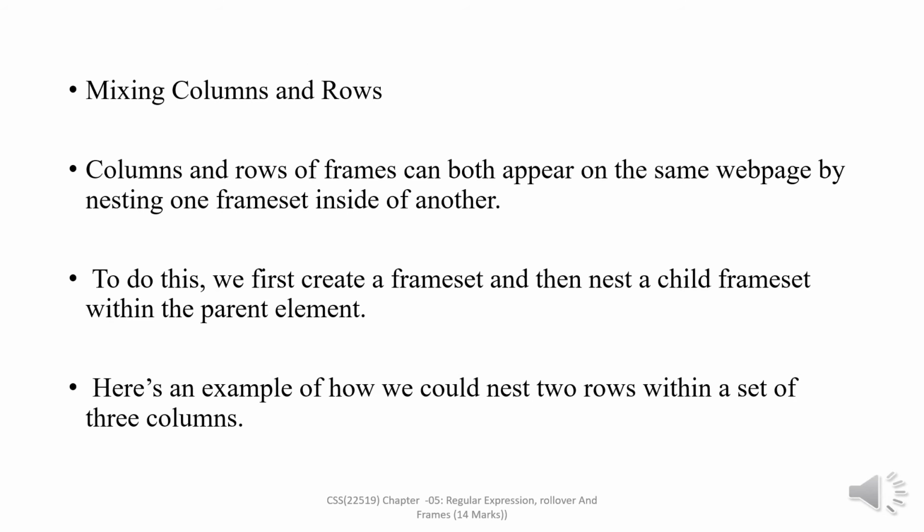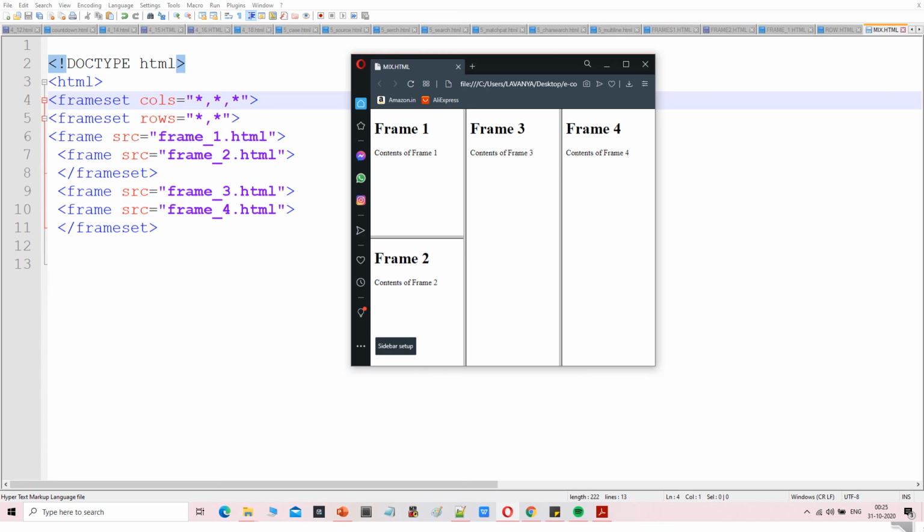So we will see the HTML code. This is our HTML code. Doctype HTML, HTML tag, frameset columns equal to 3 star, frameset rows equal to 2 star, then frame src equal to frame1.html, frame src equal to frame2.html, then end of the first frameset, and then frame src equal to frame3.html, frame src equal to frame4.html, and end of the frameset.